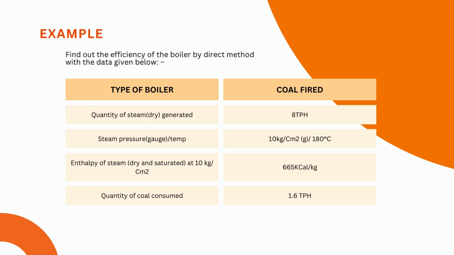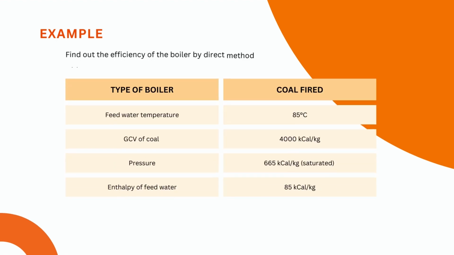Quantity of coal consumed is 1.6 TPH, feed water temperature is 85 degree Celsius, GCV of coal is 4000 kilocalorie per kg, enthalpy of saturated steam is 665 kilocalorie per kg, enthalpy of feed water is 85 kilocalorie per kg.